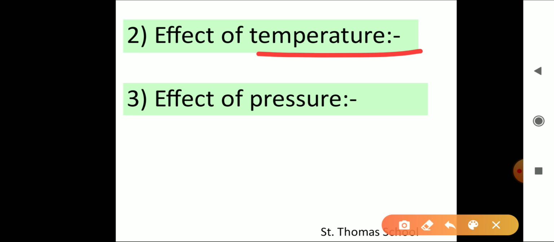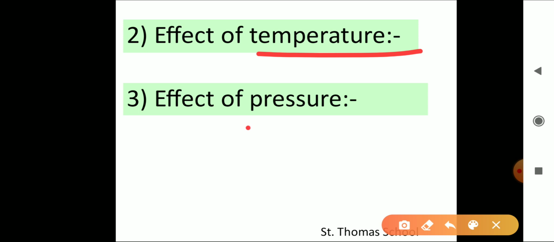The second type is the exothermic process. In that, solubility decreases with increase in temperature. See the difference: in endothermic, absorption of heat is there, so solubility increases with increase in temperature, and in an exothermic process solubility decreases with increase in temperature.